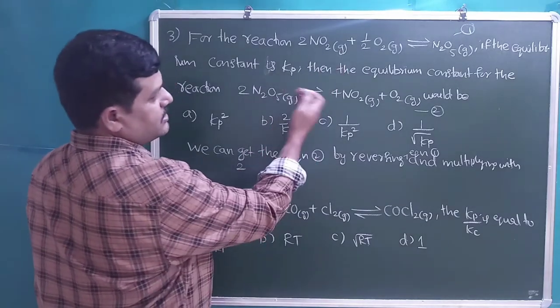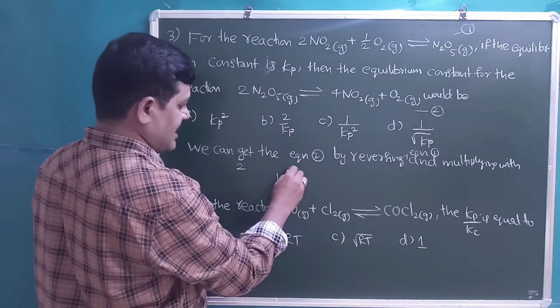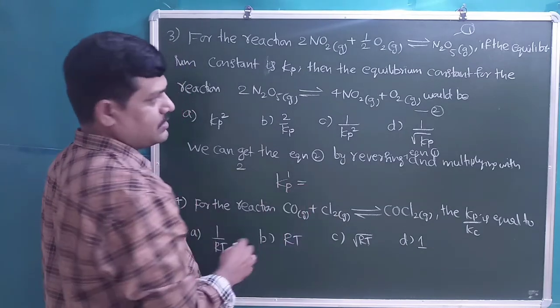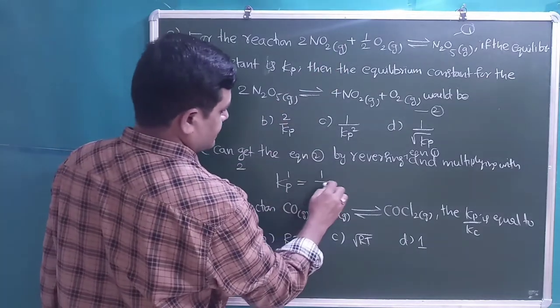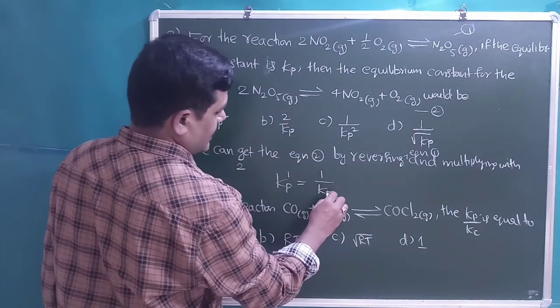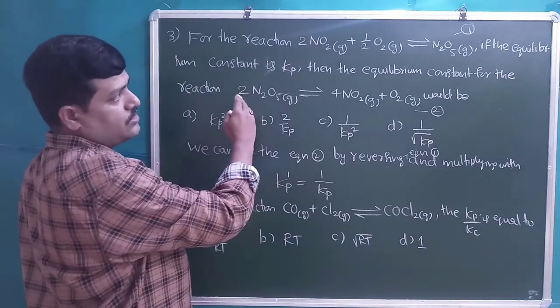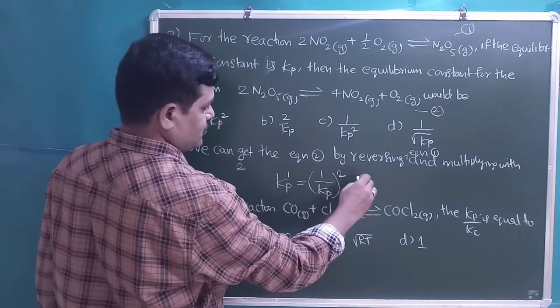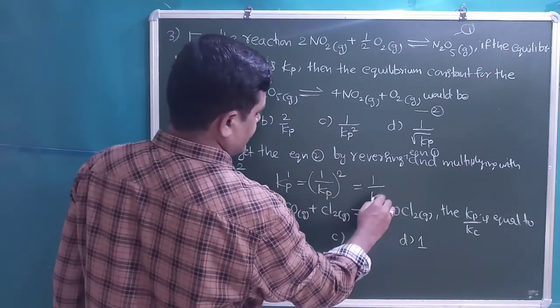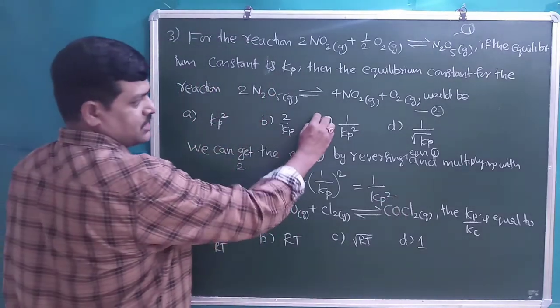When we reverse the equation, the new Kp, that is Kp dash, equilibrium constant will be the reciprocal of the earlier one, that is 1 by Kp, and we are multiplying this equation 1 by 2 to get equation 2, so this should be raised to the power of 2. Then it is 1 by Kp square, right, which is given in option C.